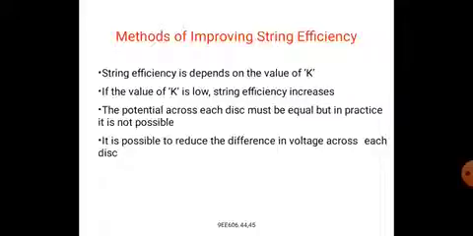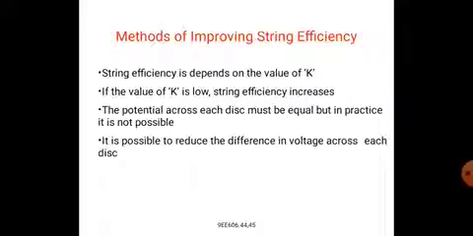As I already told, in a suspension insulator each disc contains 11 kV. That must be equal, but in practice it is not possible. It is possible to reduce the difference in voltage across each disc.